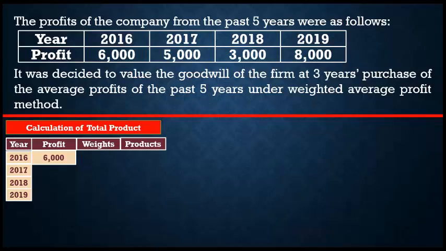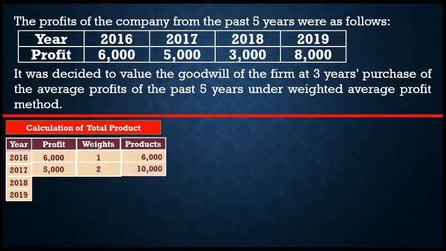First year profit 6,000. For the first year weight 1, product means profit into weight. 6,000 into 1, product 6,000. Second year profit 5,000, second year weight 2. 5,000 into 2, 10,000.